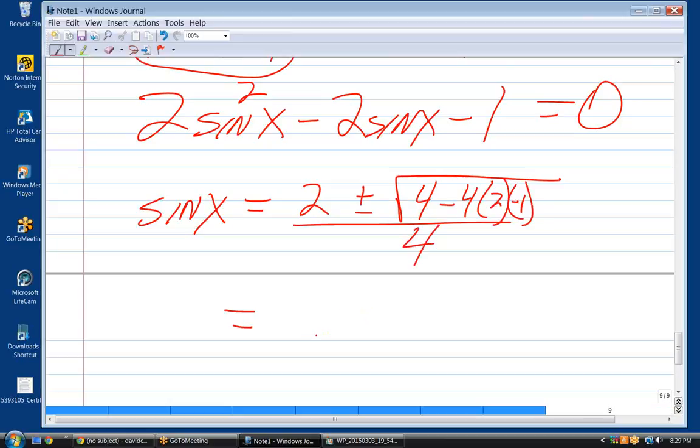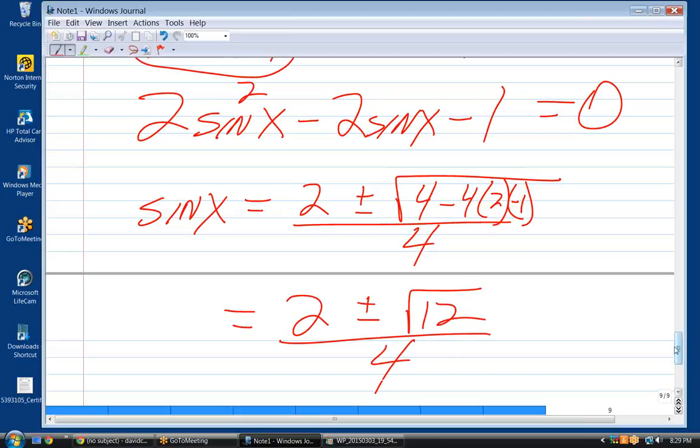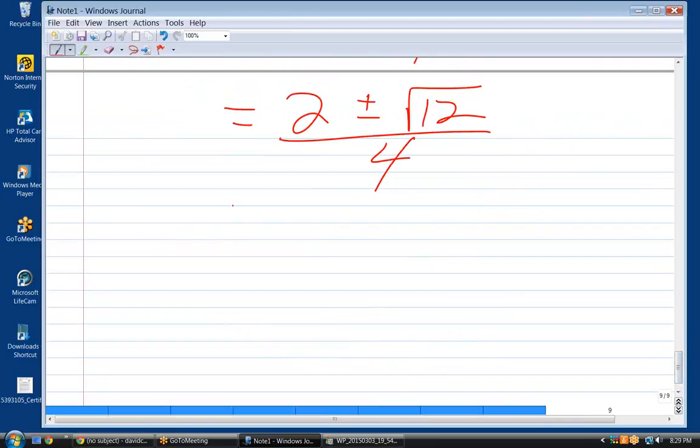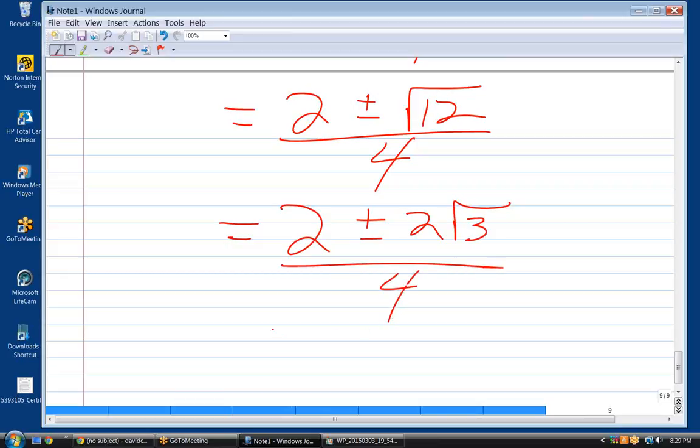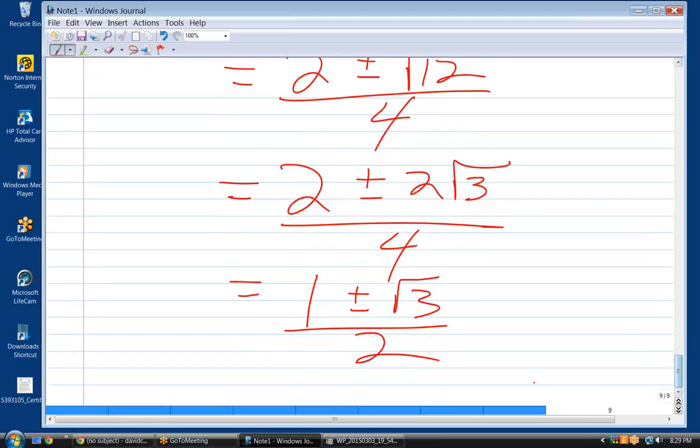So what is this? 2 plus or minus the square root of 12 all over 4. That's equal to 2 plus or minus 2 root 3 all over 4. So it's equal to 1 plus or minus root 3 all over 2. That is the sine of x.